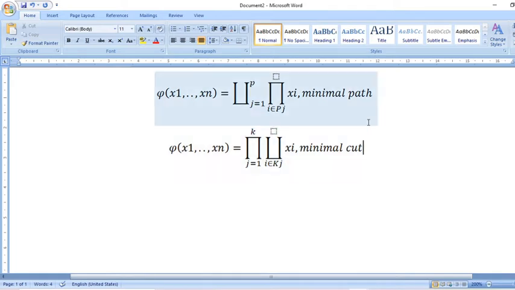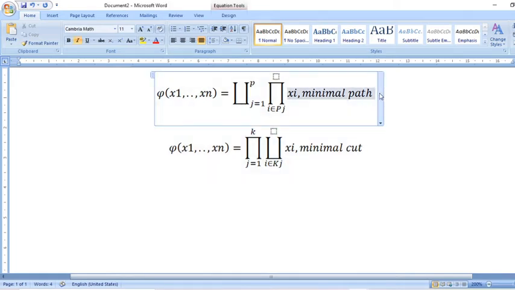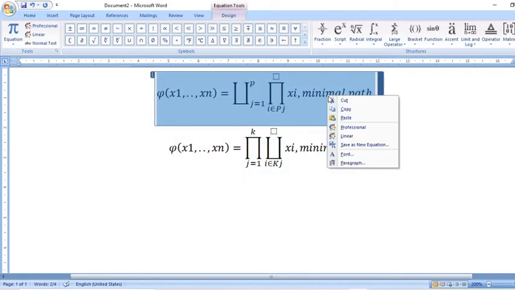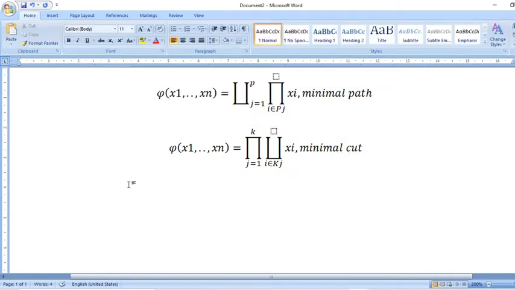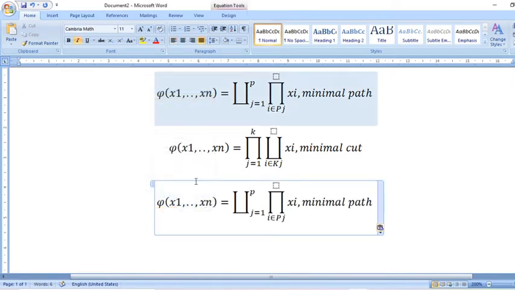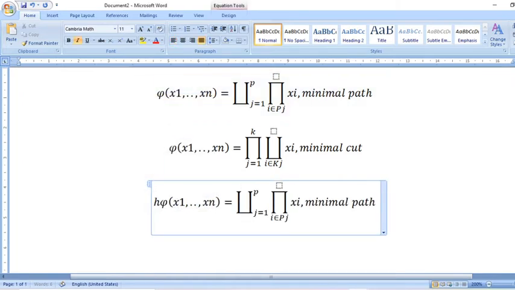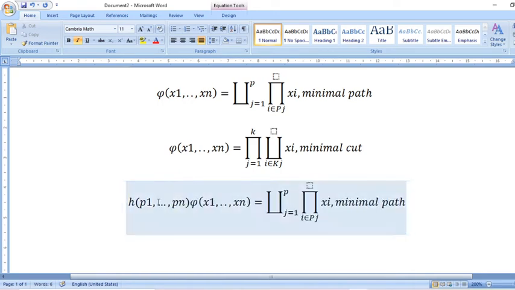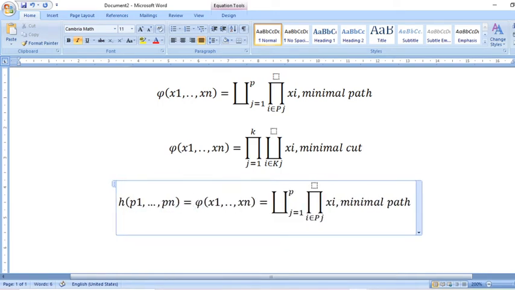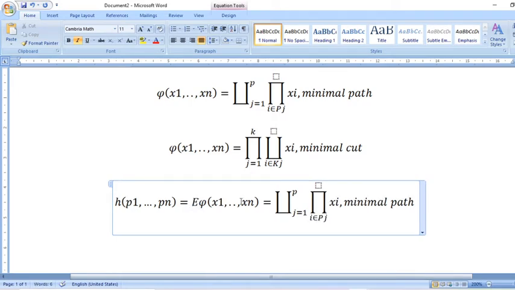Suppose that the components are independent. What will be the reliability of the system? You know, reliability is nothing but the expectation of phi of x. So what is reliability? h of p1, comma, etc., pn, and we are assuming that the components are independent, so h of p1, p2, etc., pn should be equal to the expectation of phi of x.